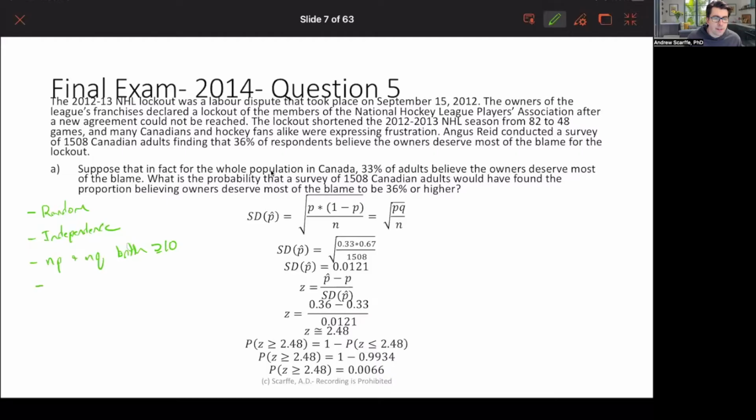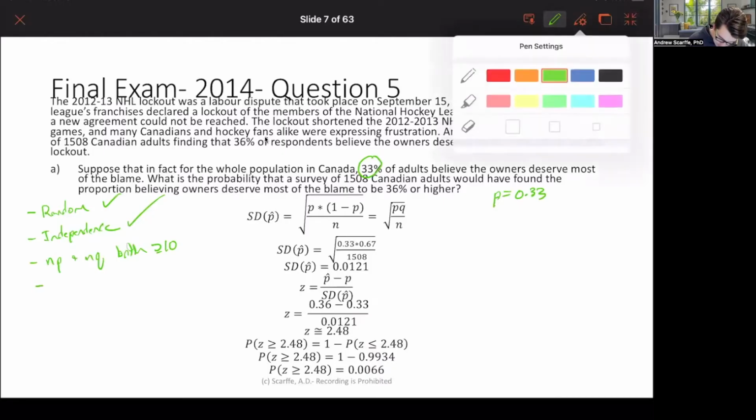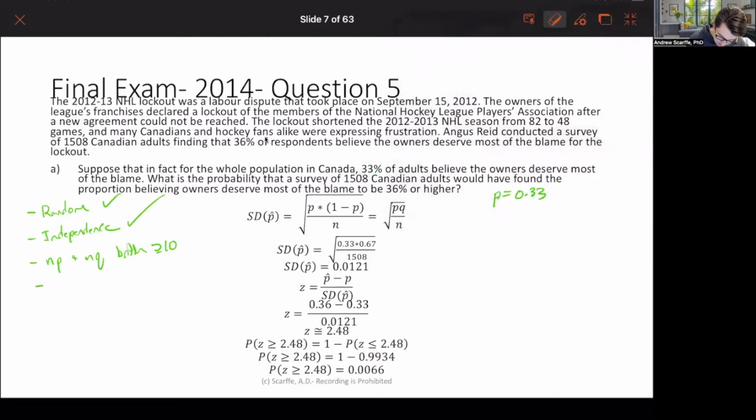And in this case, well, we'll assume that there was a random sampling. We'll assume then that there's independence. At n times p, if we said that p is equal to 0.33, which is the population proportion, and we have 1,508 Canadians, that's given to us right here.